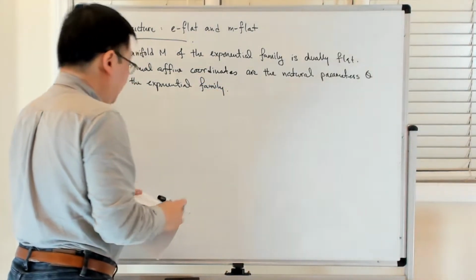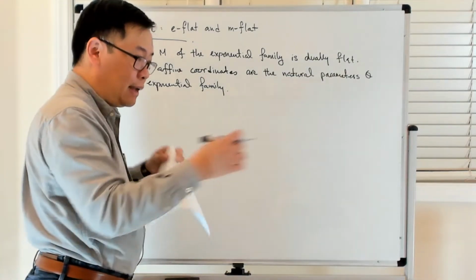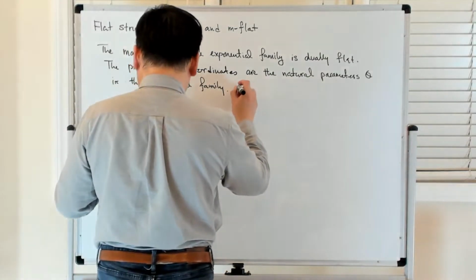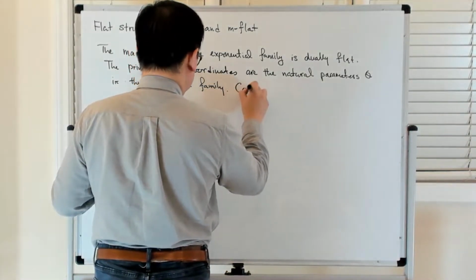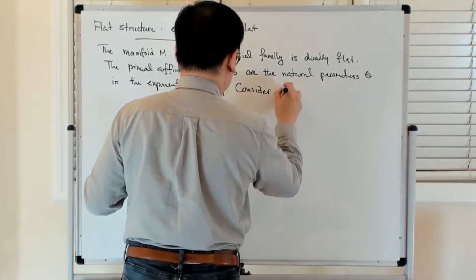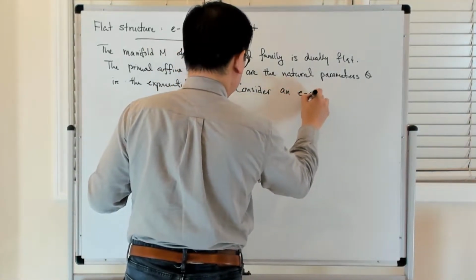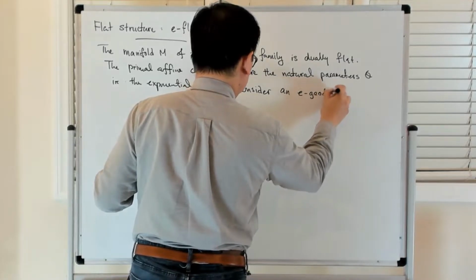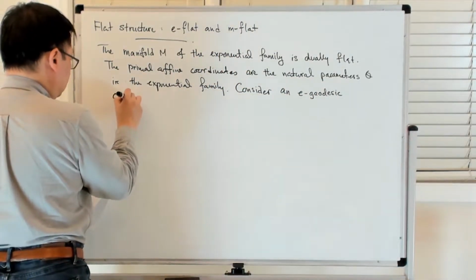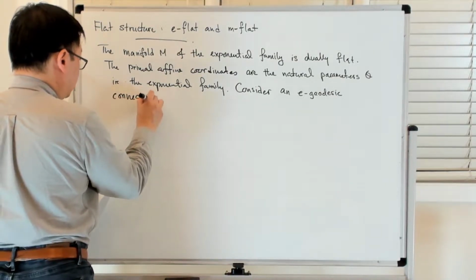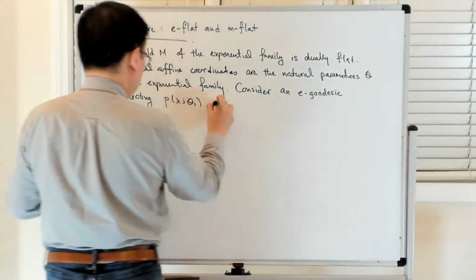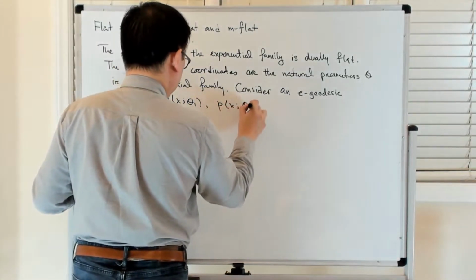So if I want to have a straight line connecting 2 probability distributions, I'm going to consider what I'm going to call an e-geodesic, connecting 2 probability distributions, p(x; theta 1) and p(x; theta 2).